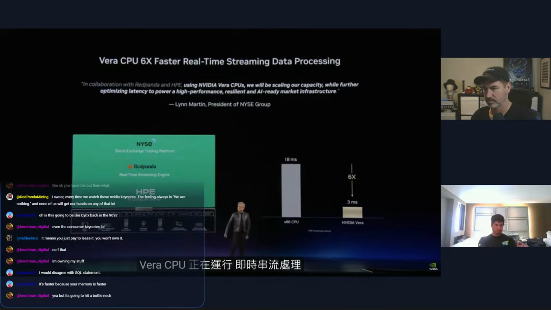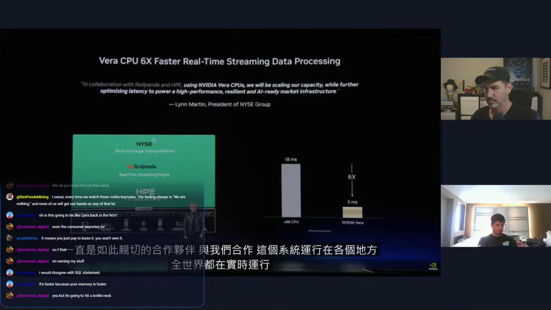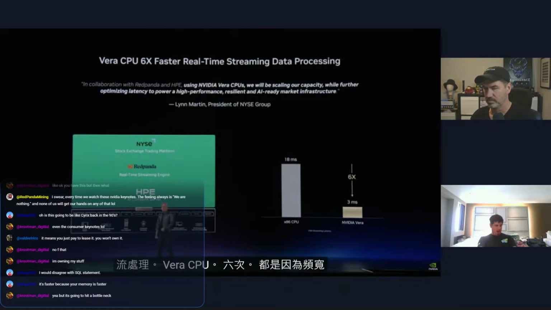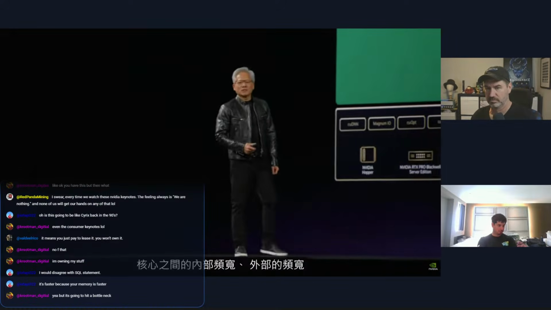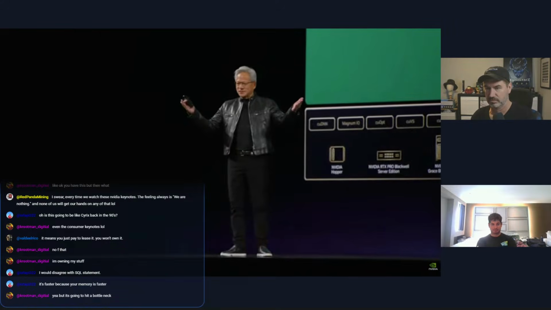Lynn Martin, the president of New York Stock Exchange, has been so gracious to partner with us. This system is run all over the world in real-time stream processing. Vera CPU, 6 times, all because of the bandwidth, the single threaded instruction execution, the bandwidth inside between the cores, the bandwidth outside. Vera is completely revolutionary. That's Vera.